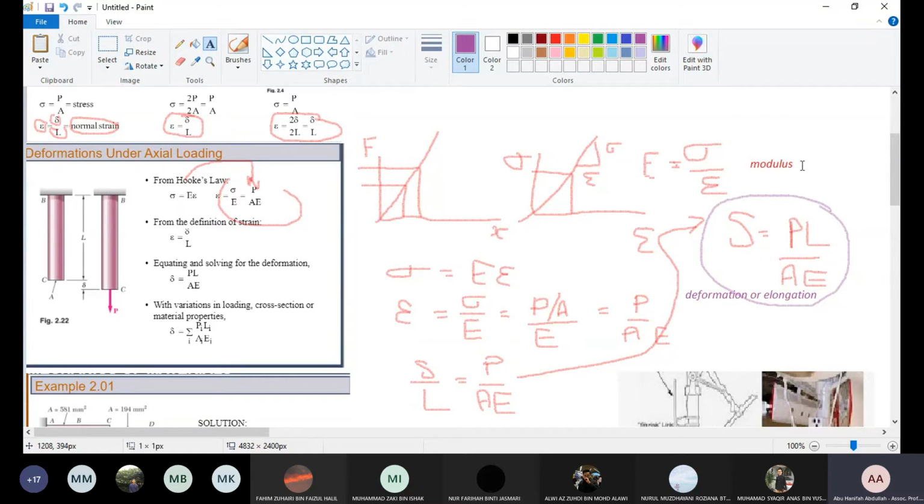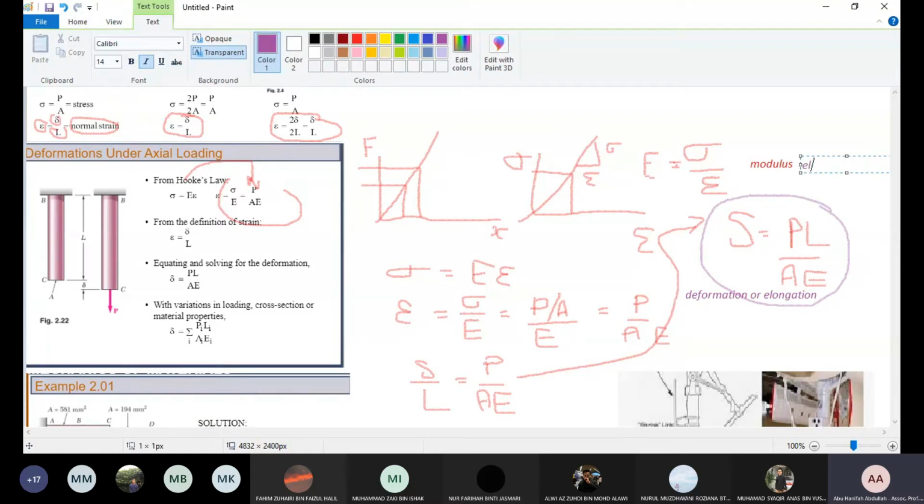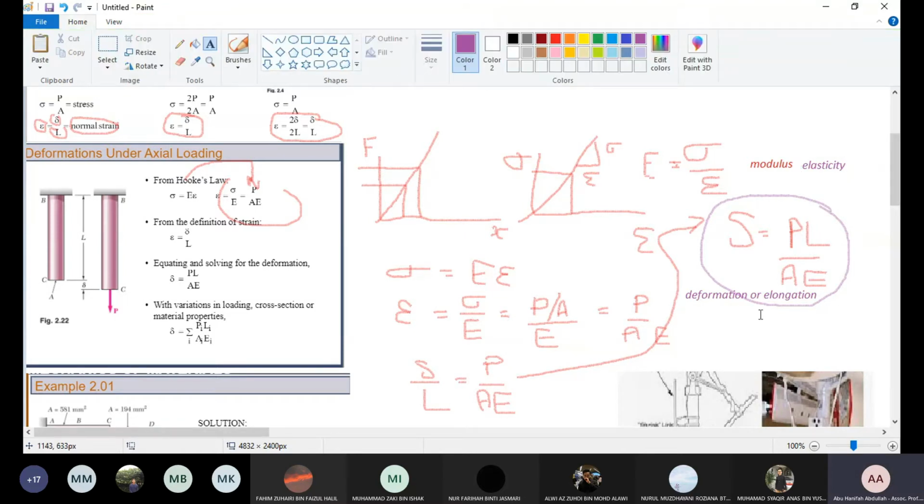So this modulus of elasticity. So that becomes an equation. So this is a formula.